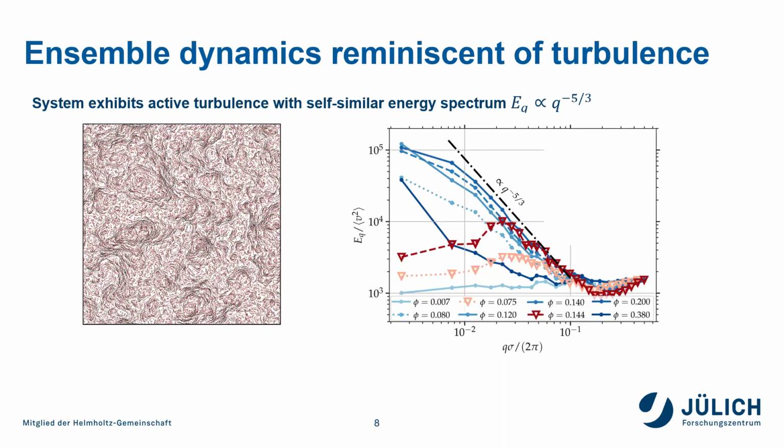Here you have the wave vector, which means that these are the smallest distances, and if you go to small wave vectors, it is the large vortices. So let's look first only at the blue. The blue is the results of the simulations, and the intensity of blue is the density. If you have very low density, there are only the rotors, and then there are almost no vortices.